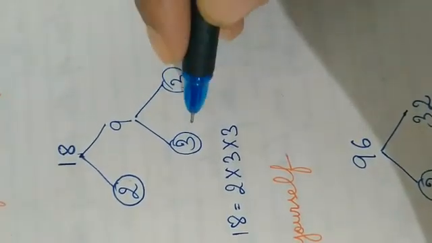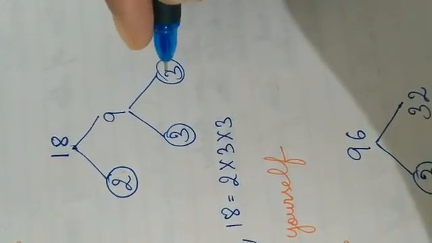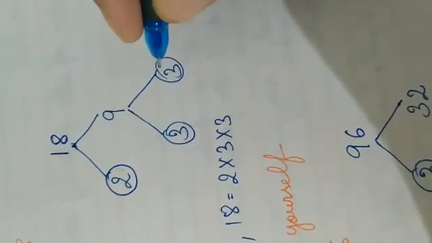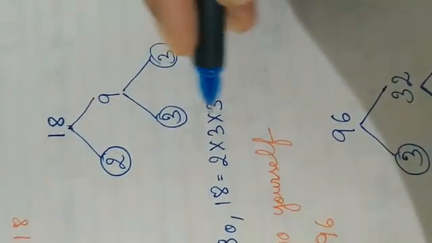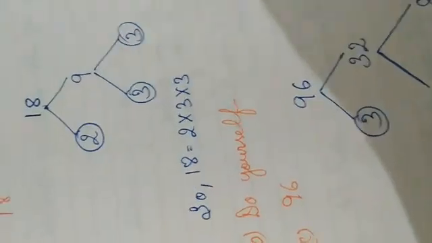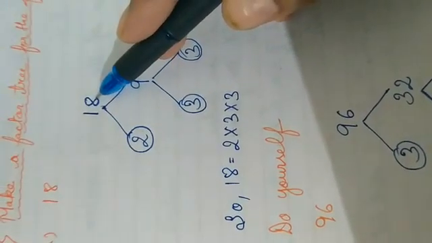Both of these numbers are factors of 9, and they are prime numbers. So further there will be no branches for this. Now we have got the factors of 18.